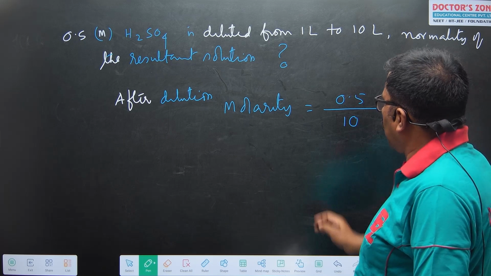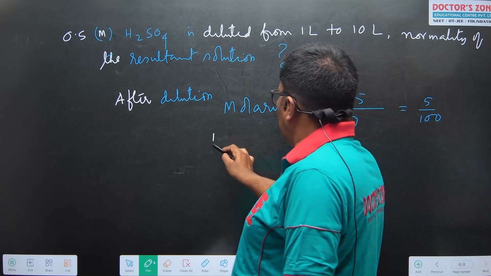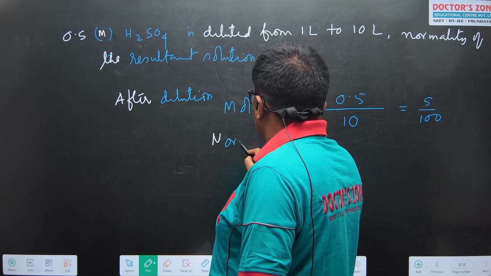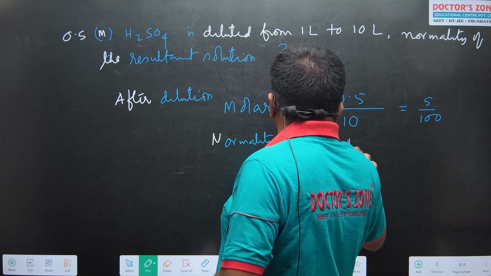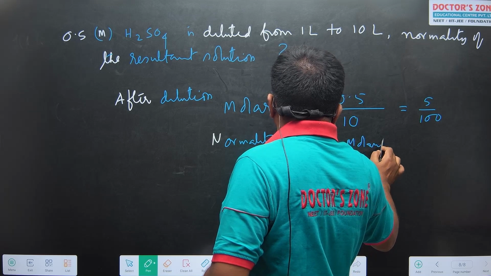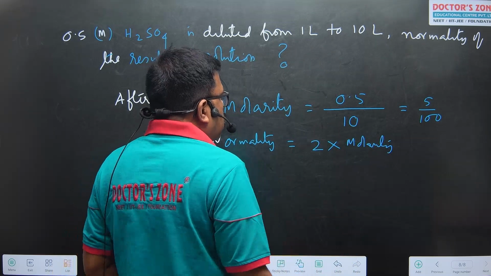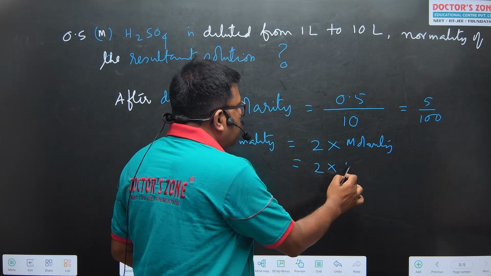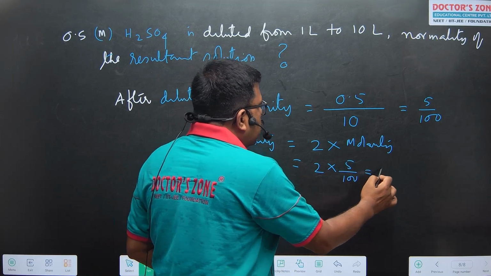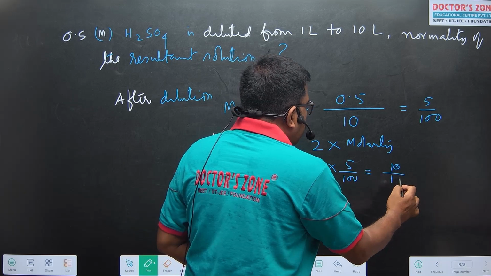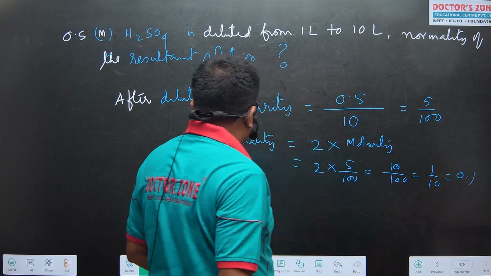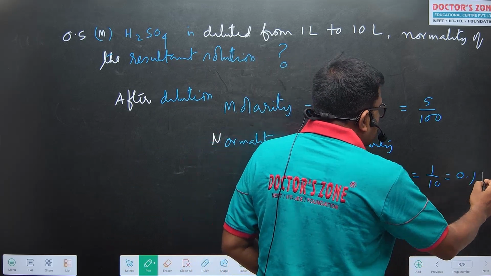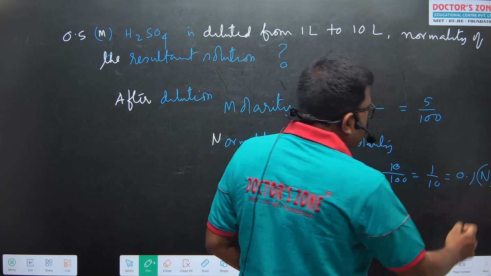This is molarity. So normality will be 2 into molarity for sulfuric acid. So it will be 2 into 5 by 100. So it will be 10 by 100, that is 1 by 10, 0.1. So the answer is 0.1 N.